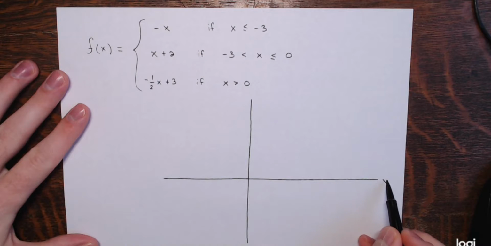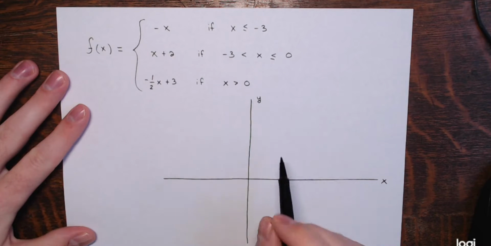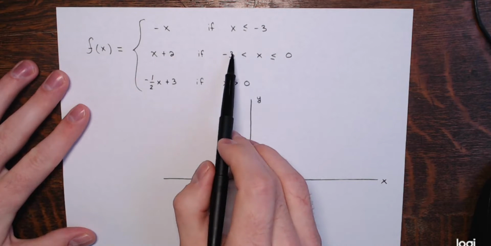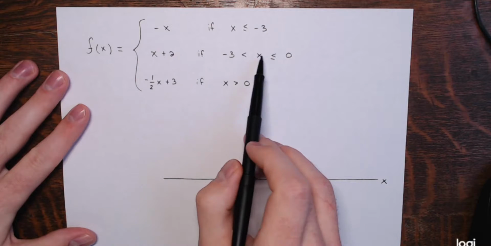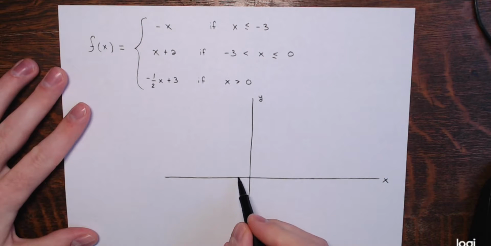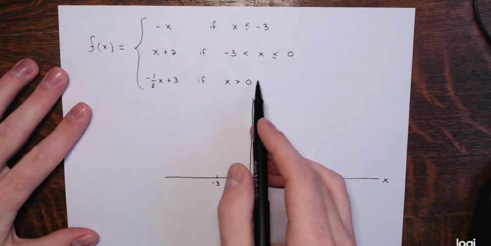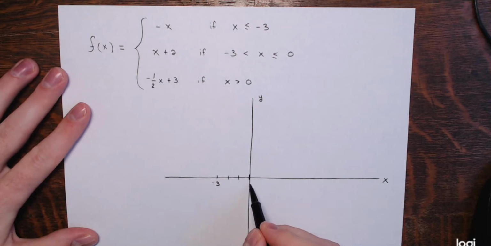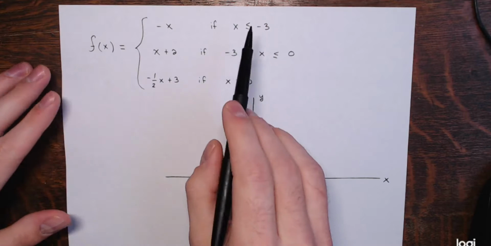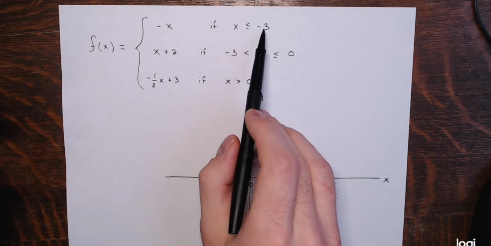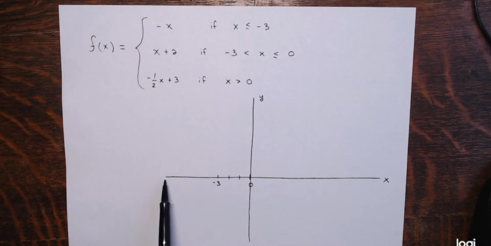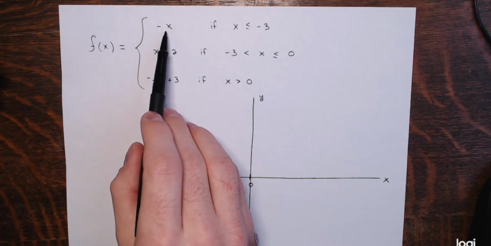All right, so when making a graph here, x, y, I like to point out what numbers show up in these conditions over here on the x-axis. So here's negative 3 that shows up in these conditions, and so does 0. For x less than or equal to negative 3, to the left of negative 3, the graph's going to be a piece of y equals negative x.